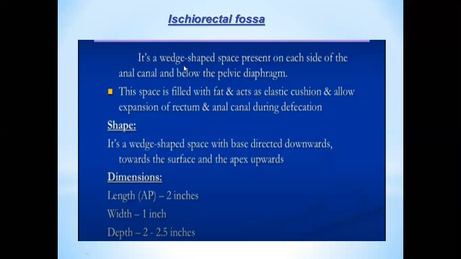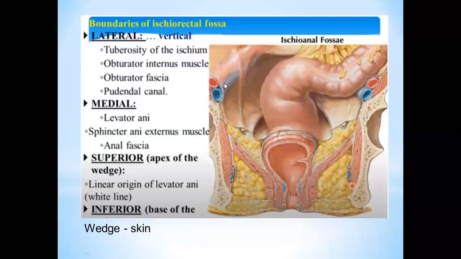This fossa is a wedge-shaped space present on each side of the anal canal and below the pelvic diaphragm. If I can show you here, this hole is the anal canal. On these sides is the ischiorectal fossa, or ischioanal fossa, on both sides, and it has the anal canal inside it.